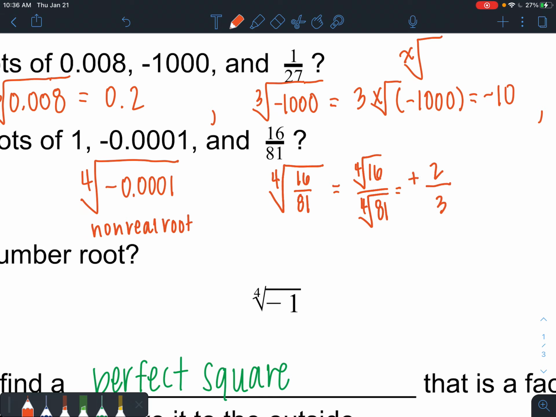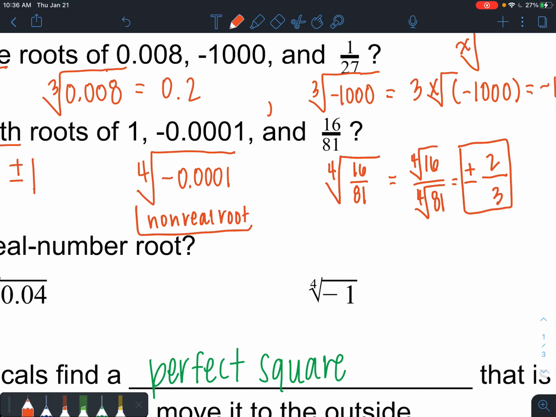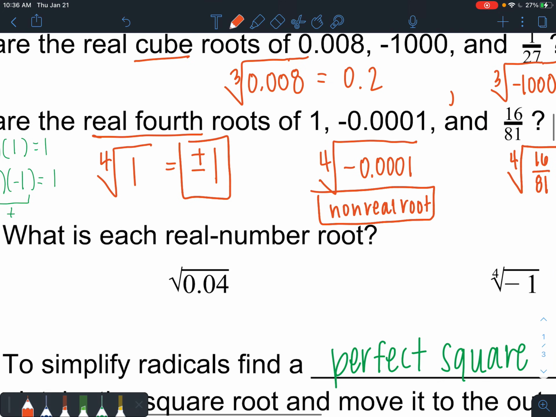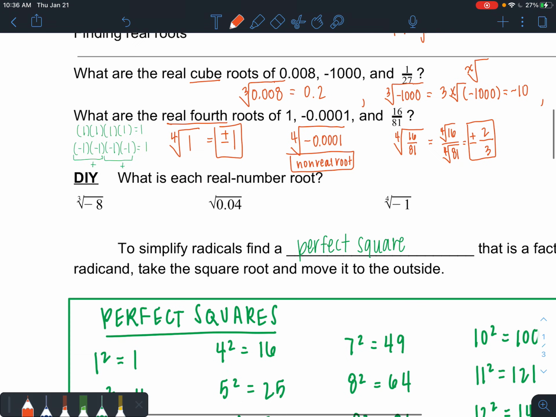And we just have to remember our plus or minus. So those are the solutions for that set. Okay, I want you to go ahead and do these on your own, and we will come back to them later.